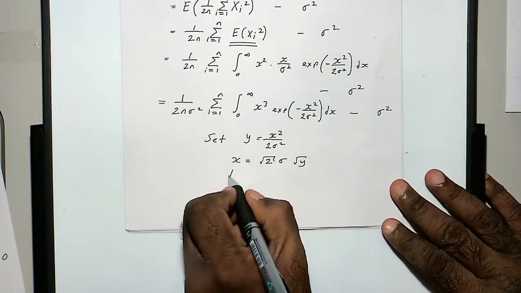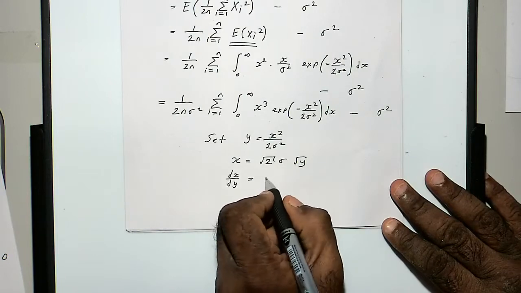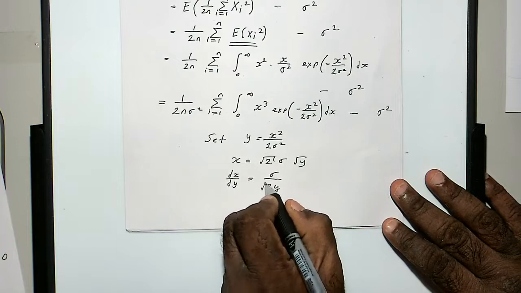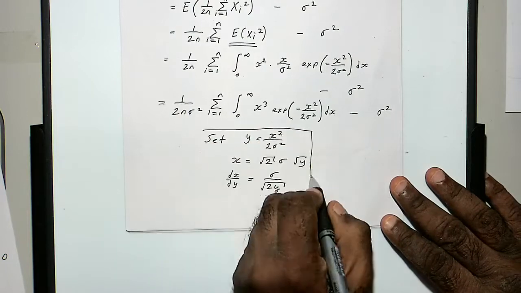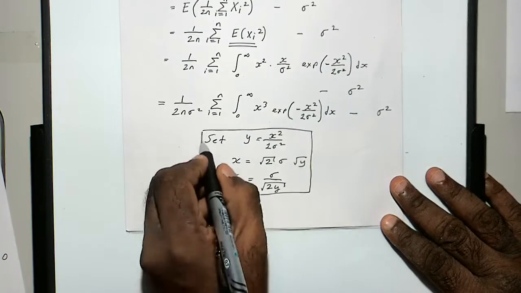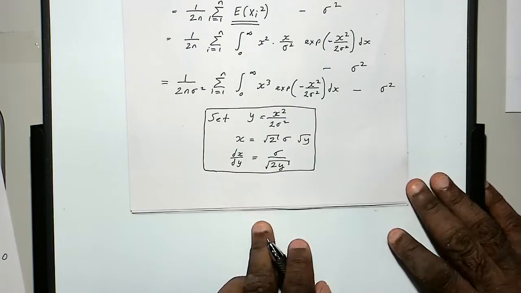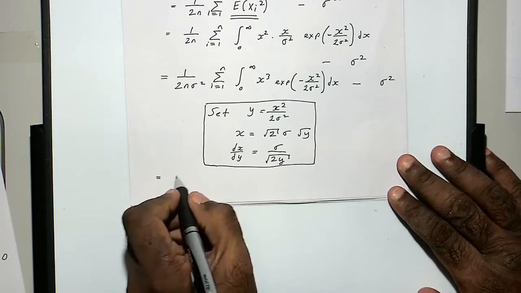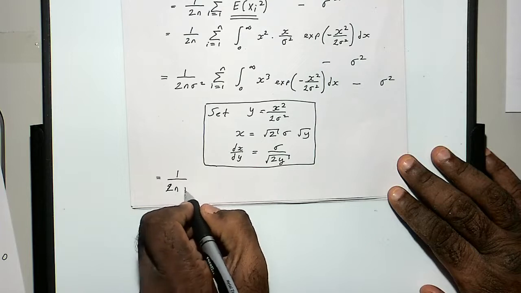So dx by dy will become sigma divided by square root of 2y. Okay, so let me put this in a box. Right? Okay, now I'm going to put this into the integrand, right? So you have 1 over 2n times 2n times sigma squared.